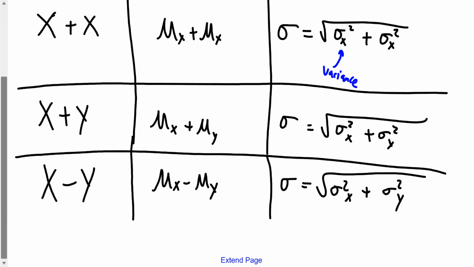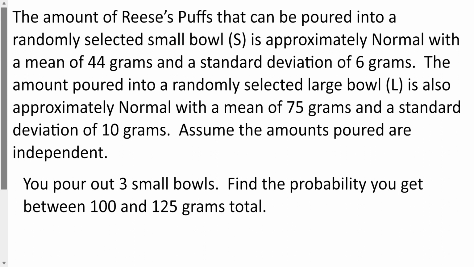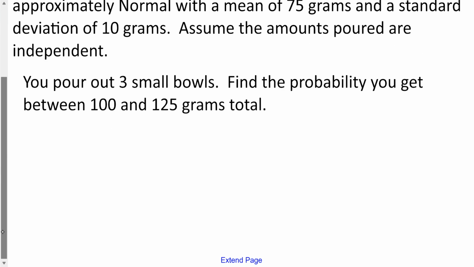I do have one example of each of these, adding and subtracting, that I want to go through. We'll do an adding one, and we'll say this is all the same bowl. Same situation with these Reese's Puffs, but now we're going to pour out 3 small bowls. Find the probability that you'll be between 100 and 125 grams total. First you need to identify your mean.